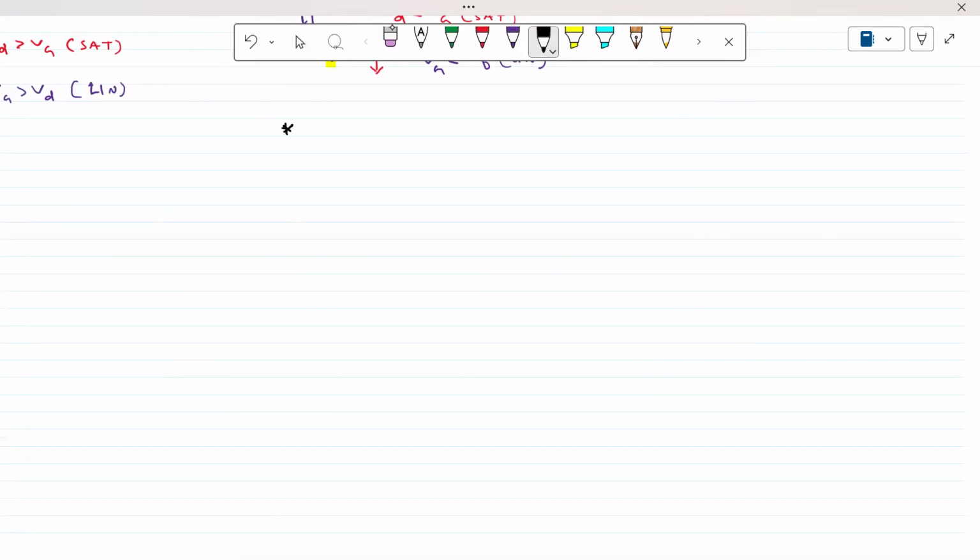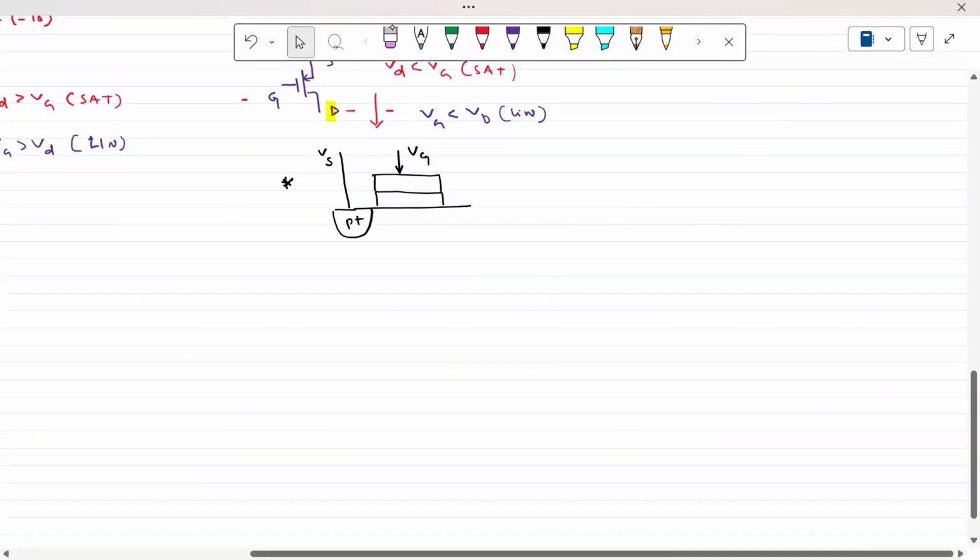For example, if I say in the MOS structure, if you look at this particular one, as we have seen, this is called the gate VG, and this is called the, maybe let me consider this is the source, for example, VS. What is the potential difference here?